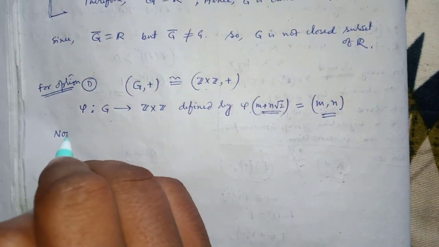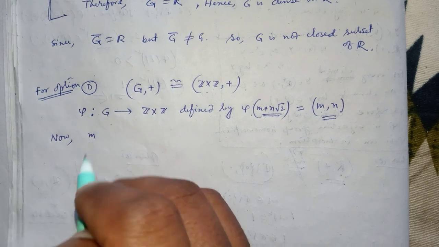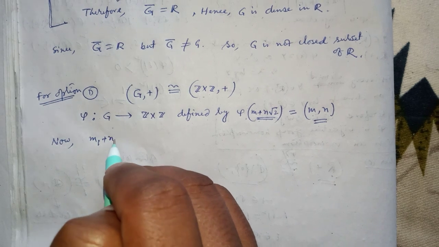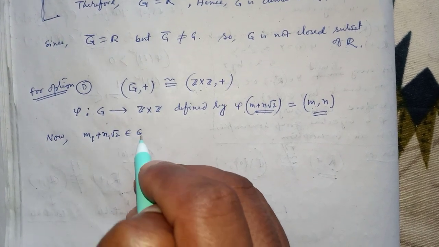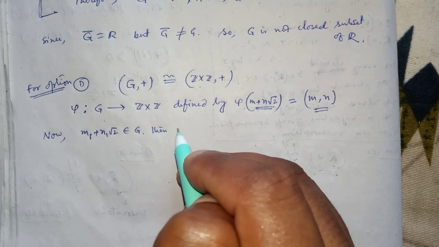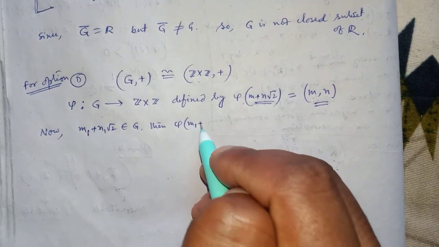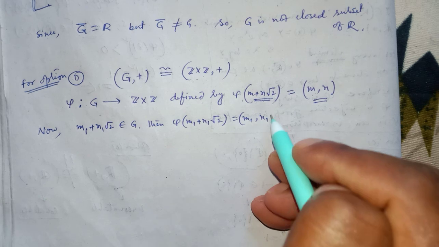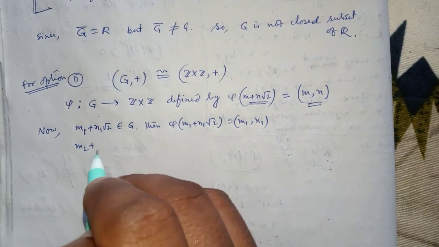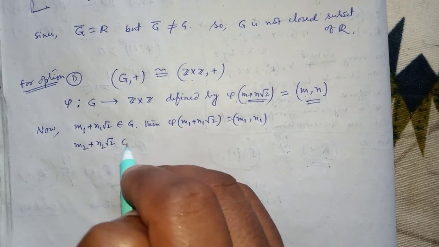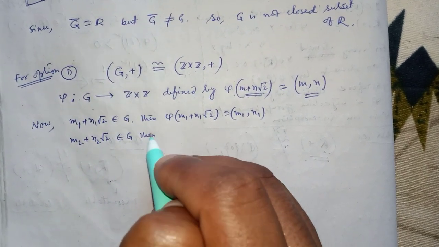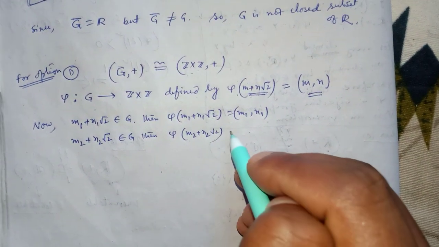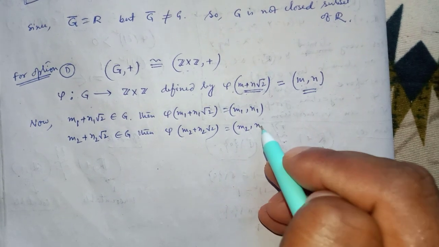Now m1 plus n1 root 2 belongs to G. Then phi of m1 plus n1 root 2 is equal to m1 comma n1, and m2 plus n2 root 2 belongs to G. Then phi of m2 plus n2 root 2 is equal to m2 comma n2.